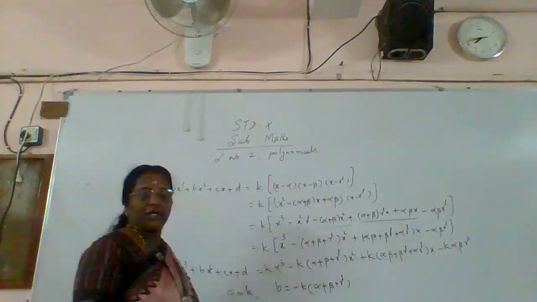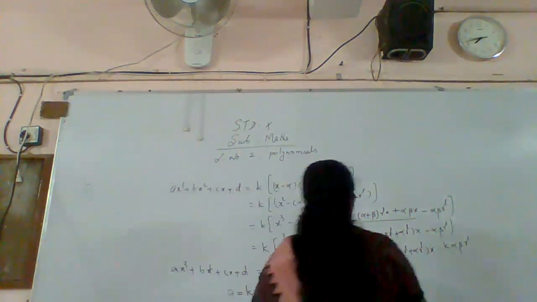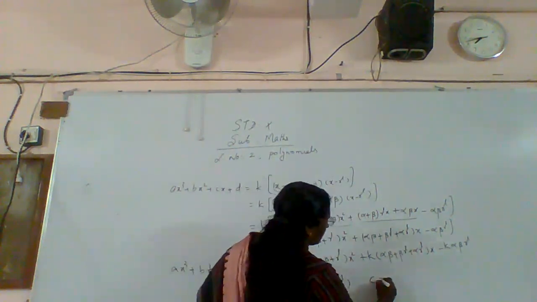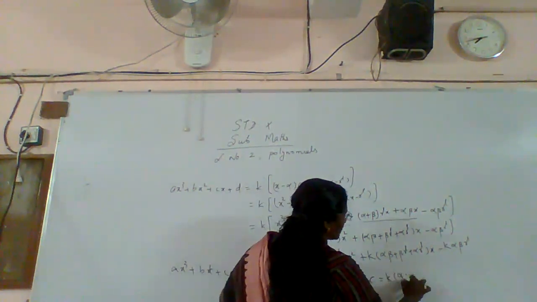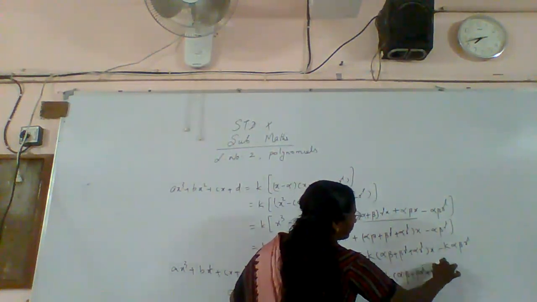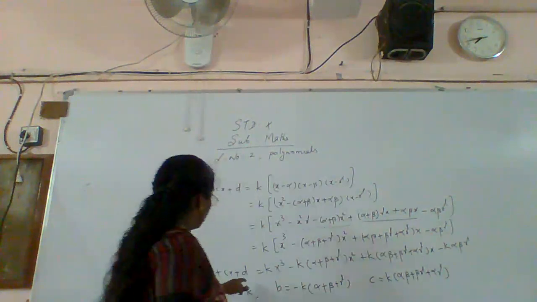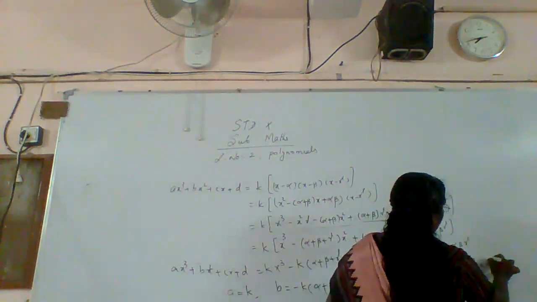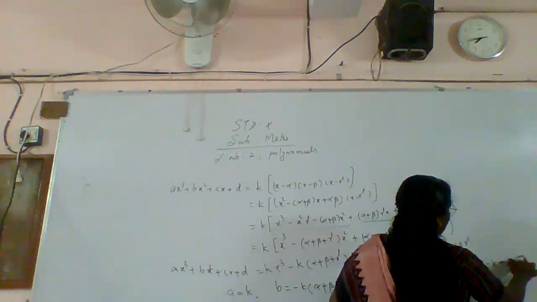And compare the coefficients of x: c is equal to k into (alpha beta plus beta gamma plus alpha gamma). And d is equal to minus k alpha beta gamma.